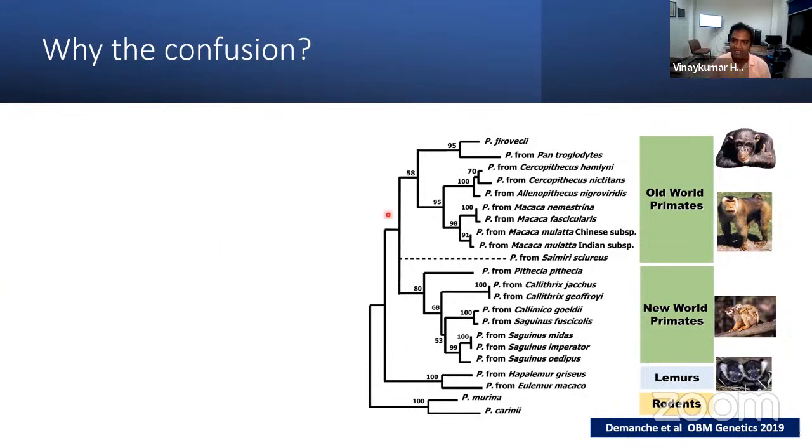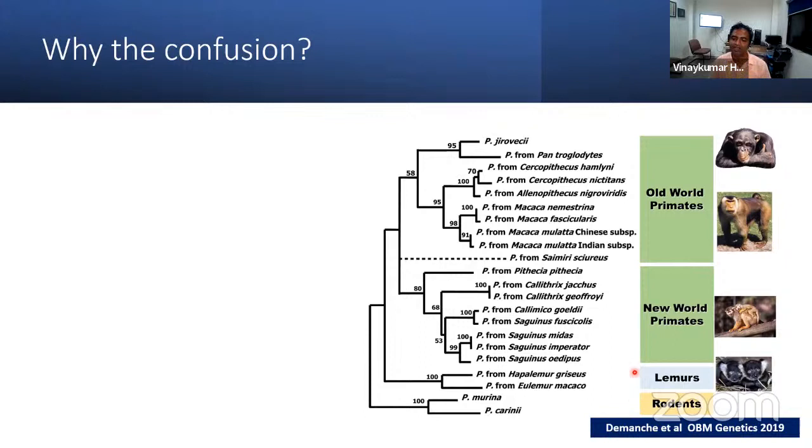You can see this is where Pneumocystis jirovecii that infects humans is, and this is where Pneumocystis carinii is. So Pneumocystis carinii was closer to Pneumocystis murina, and these two pneumocystis species were causing infection in rodents.